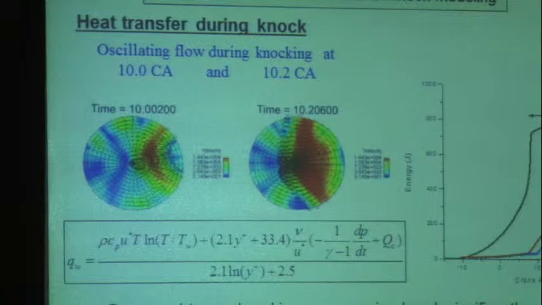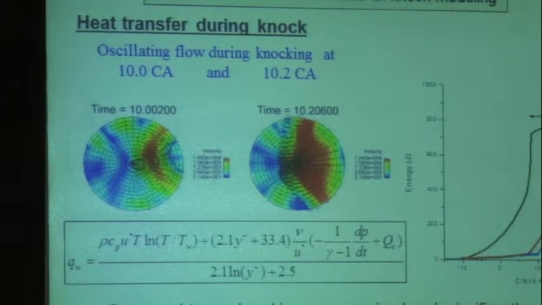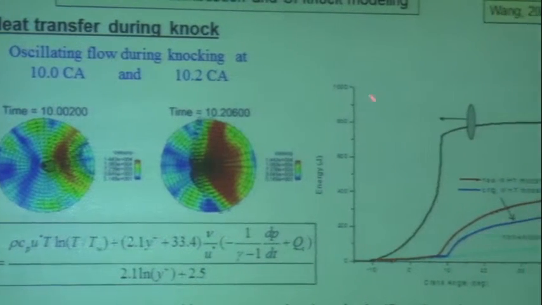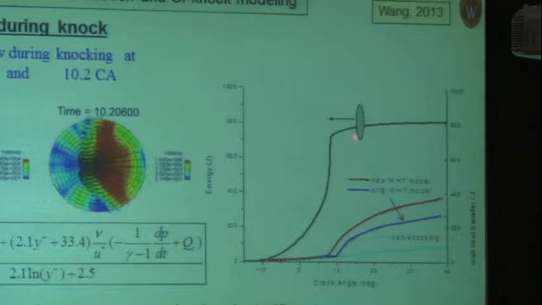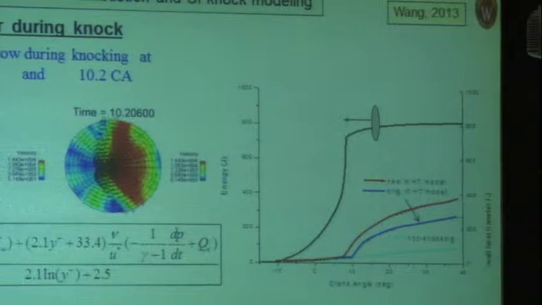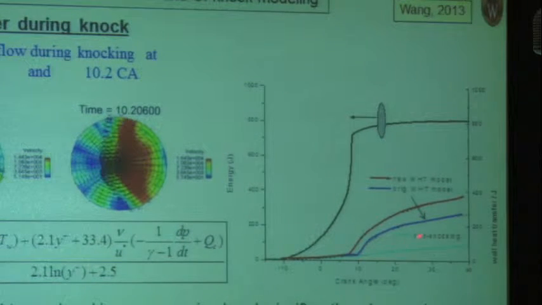Well, high velocities, if you remember from your heat transfer classes, generate high heat flux. So what you see here is a plot showing that. This is energy. This is the fuel energy, in other words, the energy consumed during combustion. And then down here, we're looking at the heat loss to the walls.